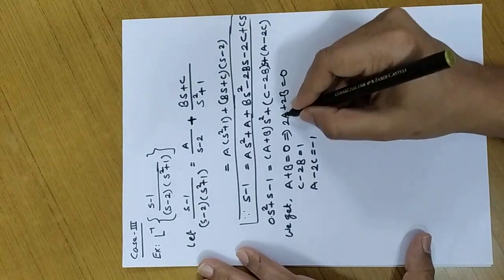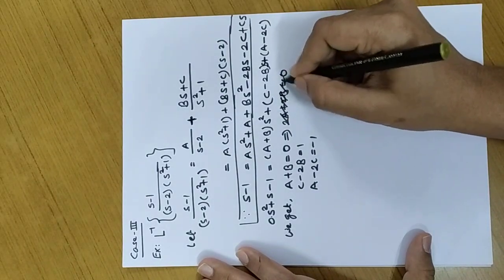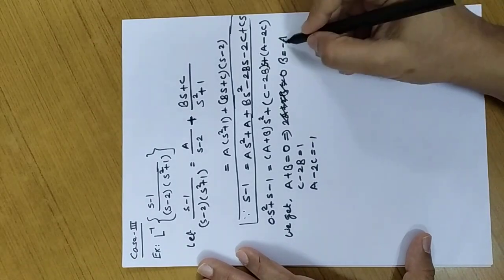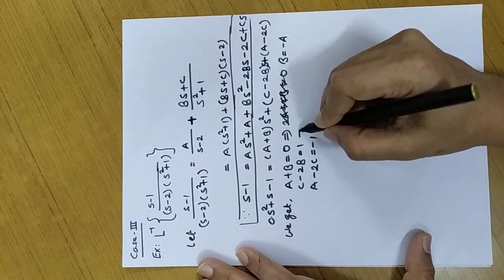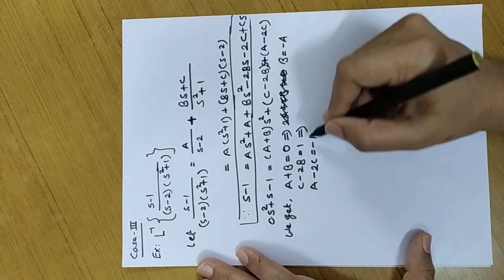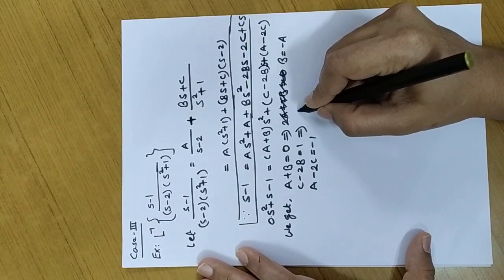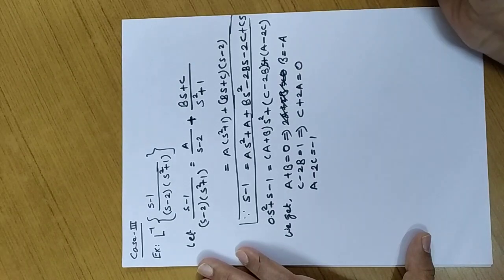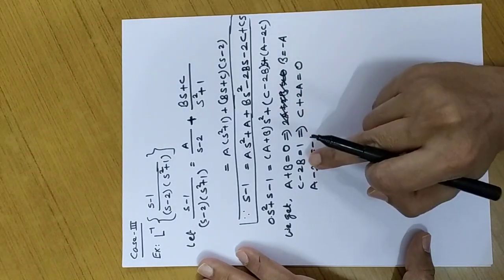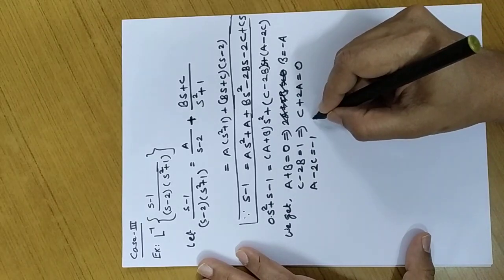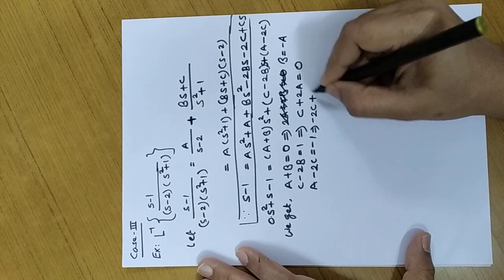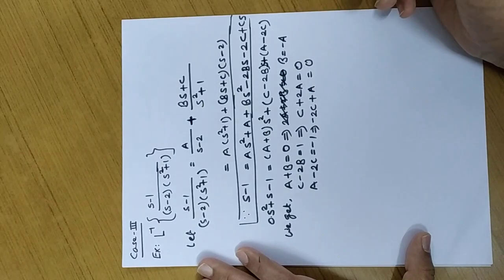Or simply, you can write B is equal to minus A. It is easier. Substitute the value of B in this: C plus 2A is equal to 1. Clear? Because B is equal to minus A. And this equation is minus 2C plus A is equal to minus 1.